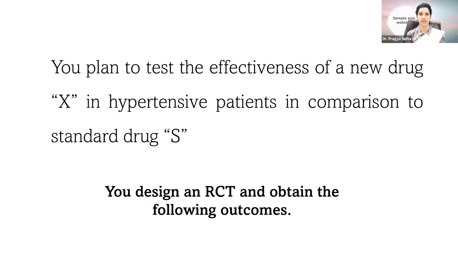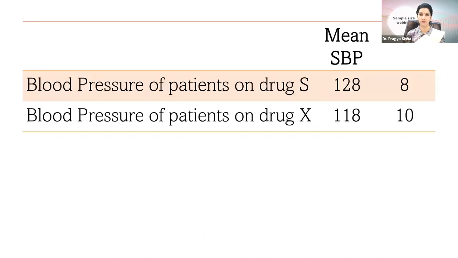So you plan to test the effectiveness of a new drug X, maybe in hypertensive patients, in comparison to the standard drug. So standard drug is S and new drug is X. So I have designed an RCT and I have obtained the following outcome. So the blood pressure of the patients on drug S, because my goal of giving this drug is to attain a normotensive status.